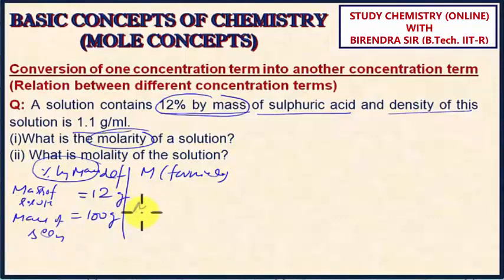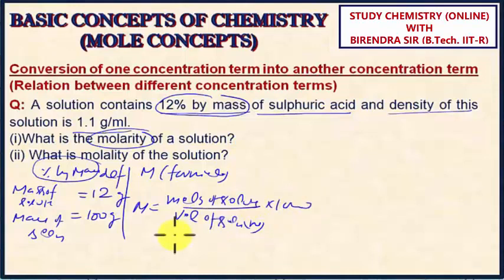And what is the formula of molarity? Molarity is moles of solute upon volume of solution in ml into 1000. Now, mass of solute is given, but we have to find moles of solute. What will you do? Mass upon molar mass. H2SO4 is the solute, so 12 upon 98, where 98 is the molar mass of H2SO4, into the volume of solution required.